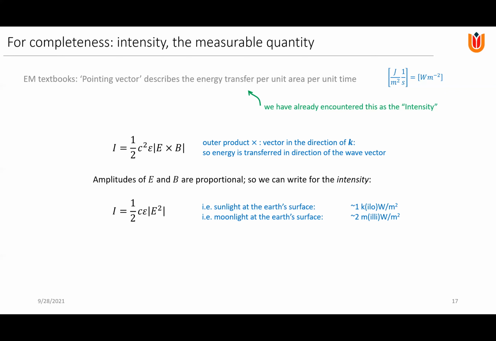We'll stick to that. If you look at the intensity, for example, of the sunlight on the surface of the Earth, that is about 1 kilowatt per square meter. If you look at the intensity of moonlight on a bright night, then it's about 2 milliwatts per square meter.